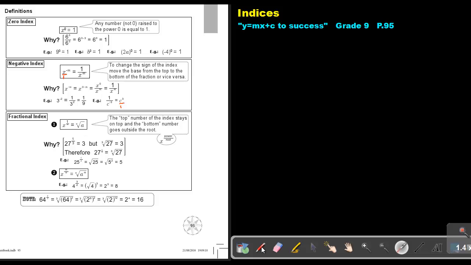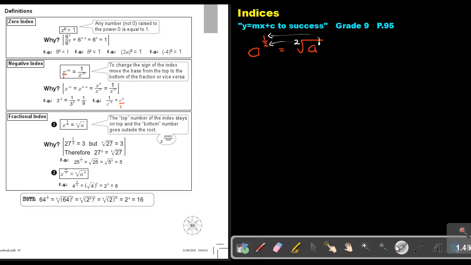But the way I usually remember it: if you have a to the power a half, I know that the 1 is on top and the 2 is at the bottom. And that's how you remember it.